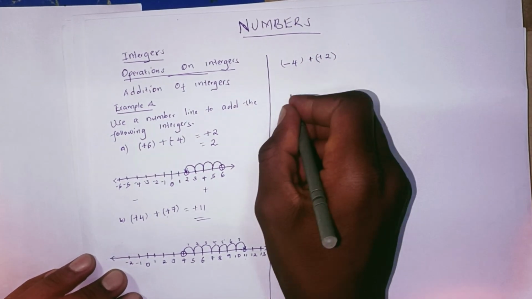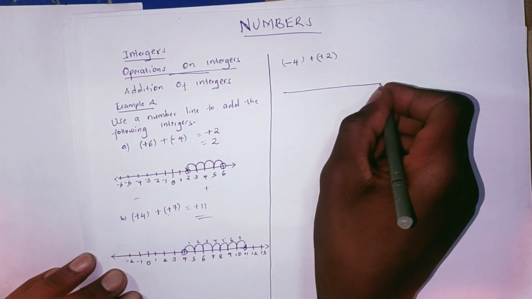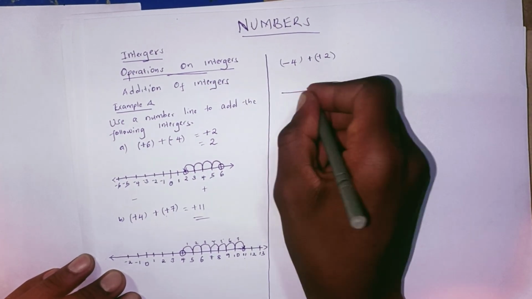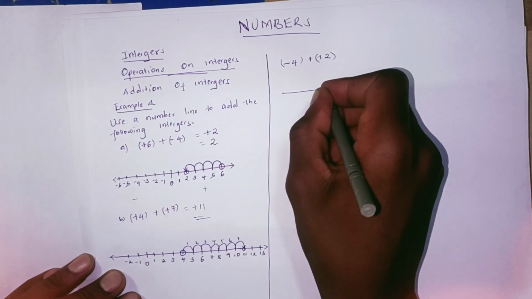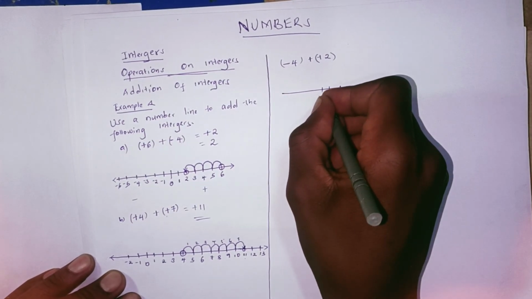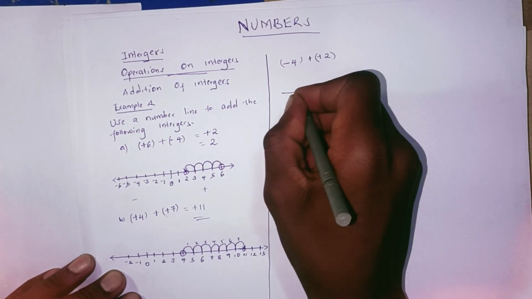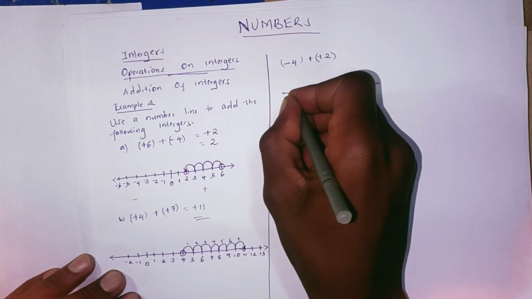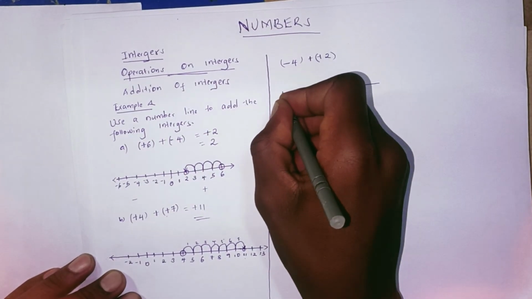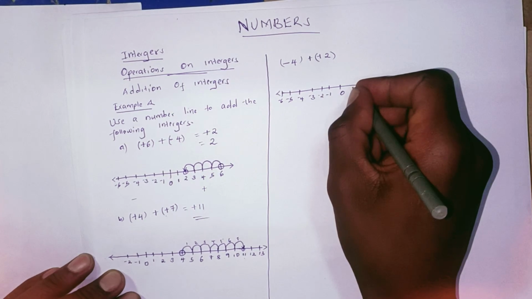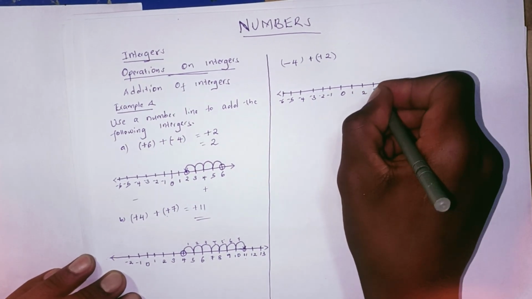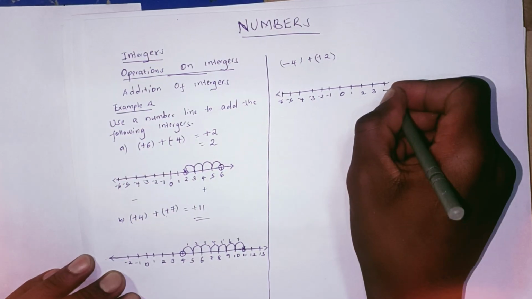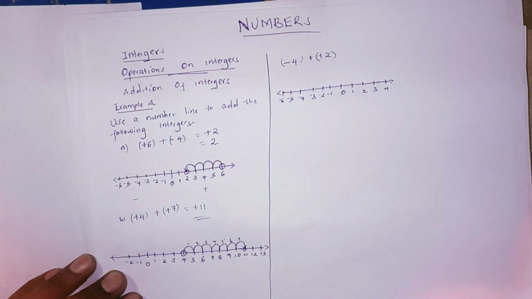I'll have to draw a number line again. I'll begin with 0. This is 1. This is -1, -2, -3, -4, -5, -6. This is 1, 2, 3, 4. Let me just begin.